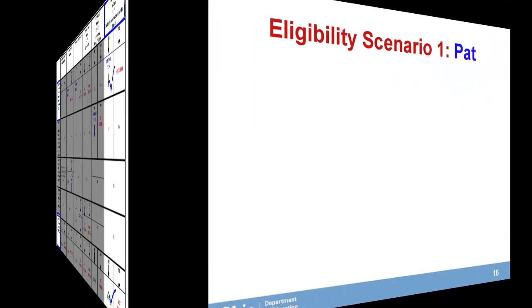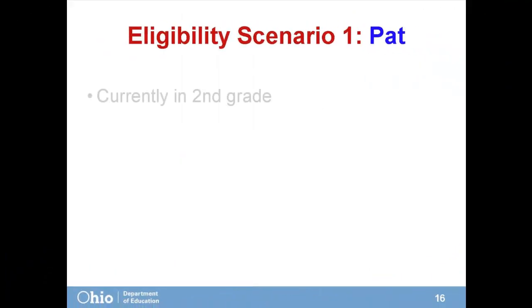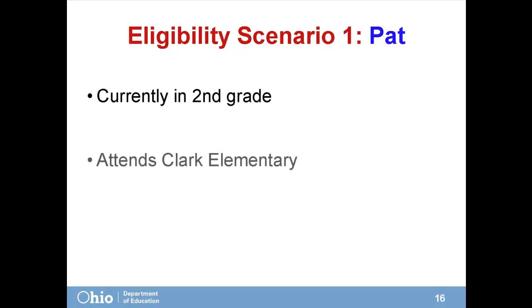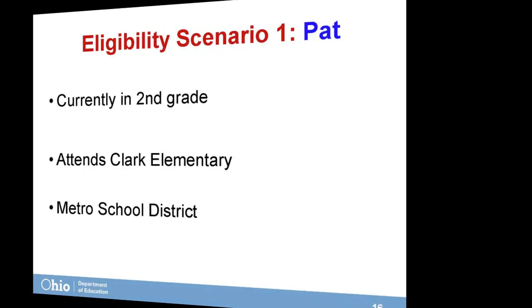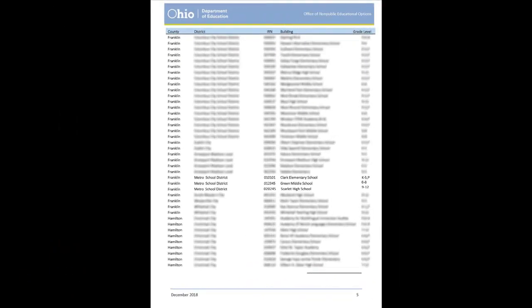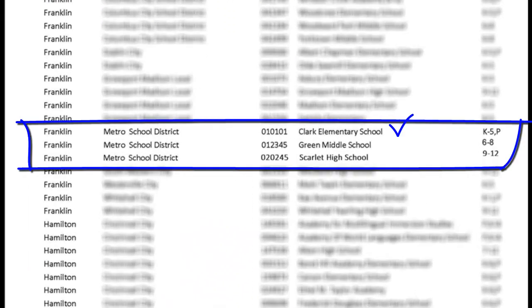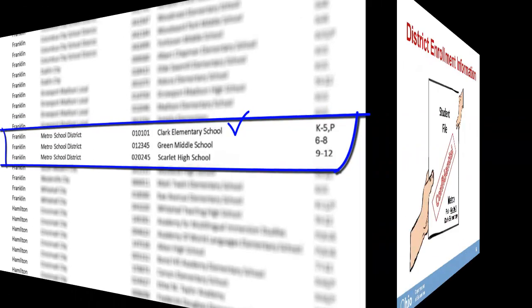In our first example, we have a student named Pat, a 2nd grade student at Clark Elementary in the Metro Public School District in Franklin County. First, we must determine if Clark Elementary is on the EdChoice eligible list. By reviewing the EdChoice eligibility list, we verify that Clark Elementary is on the list of EdChoice eligible schools.